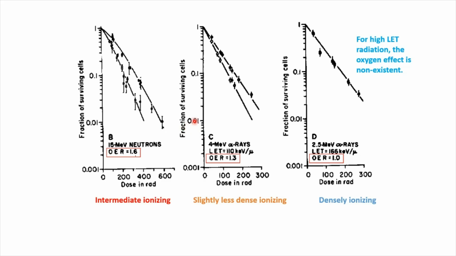And for high LET radiations like 2.5 MeV alpha rays, we can see OER equals 1. So it means that for high LET radiation, whether a cell is hypoxic or aerated makes no difference. For high LET radiation, the oxygen effect is non-existent, and we can see a single graph over here.